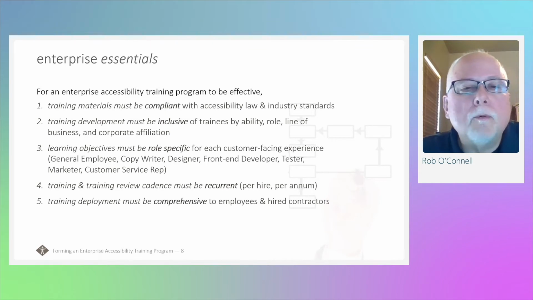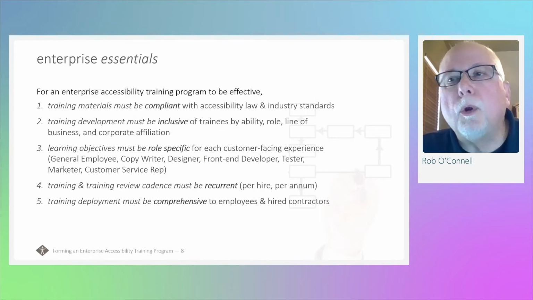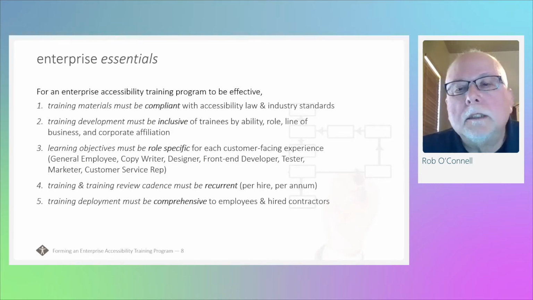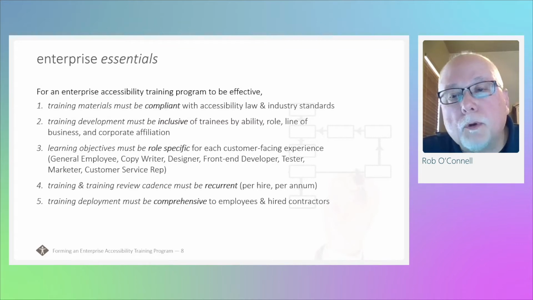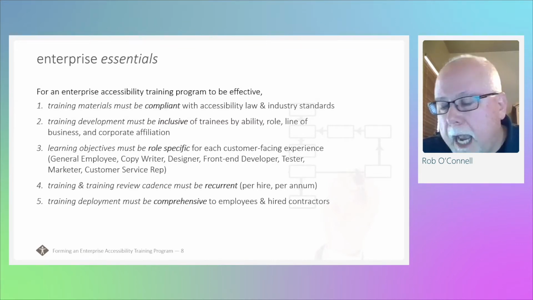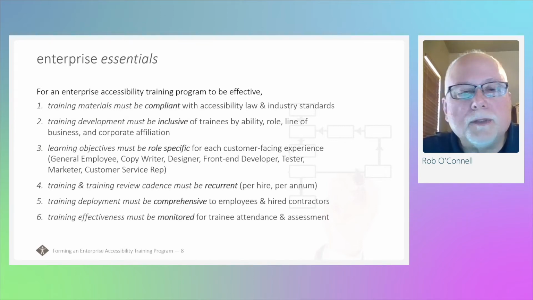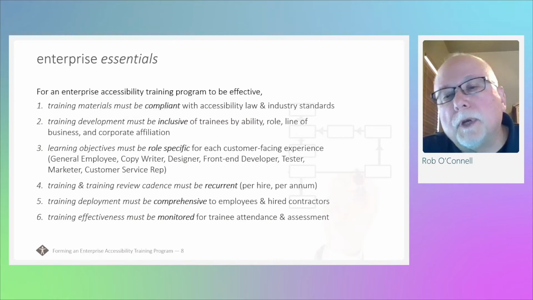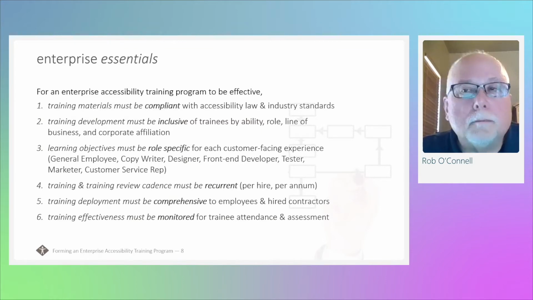Training deployment would also have to be comprehensive, meaning that it would have to reach every employee in that role, whether they be true employees, full employees, or hired contractors who are essentially acting as employees in that situation. It would have to be monitored for training attendance and for the success of the training through assessment, through testing as a result of the training.